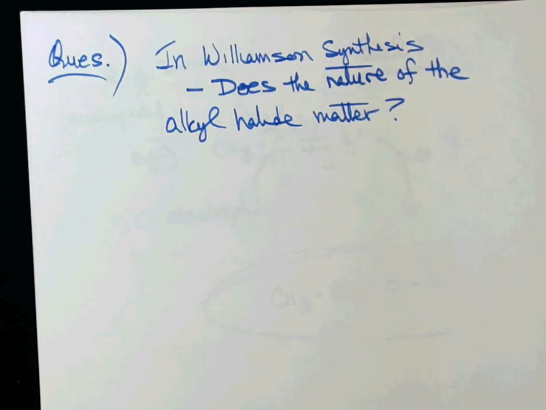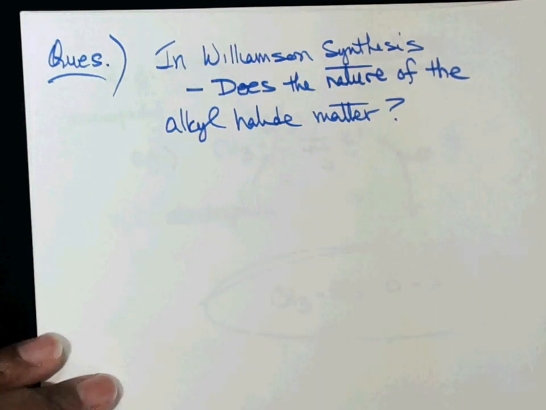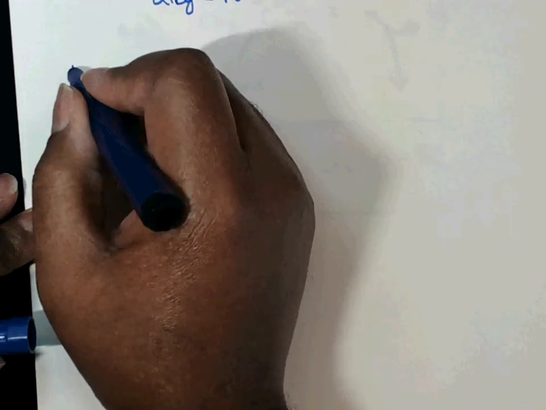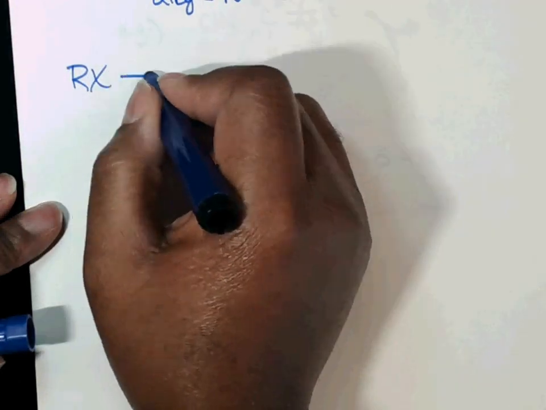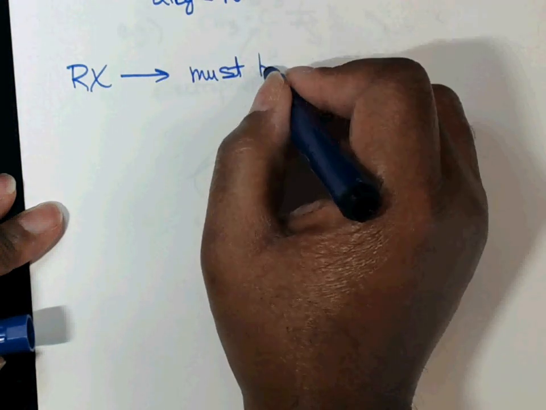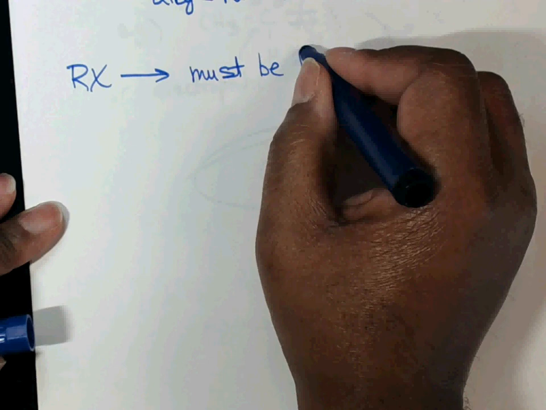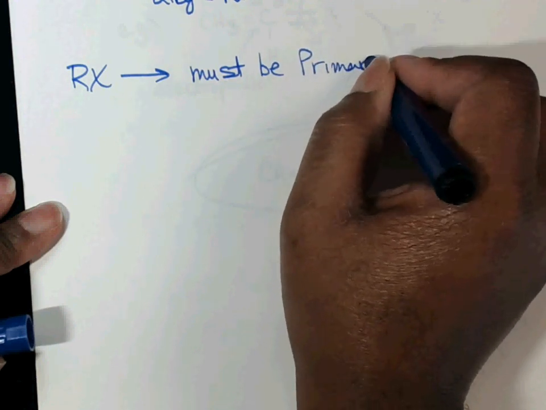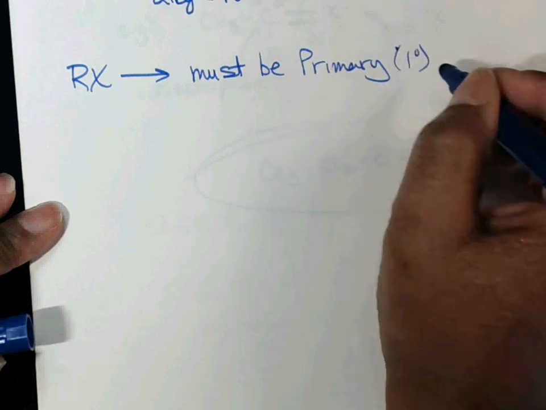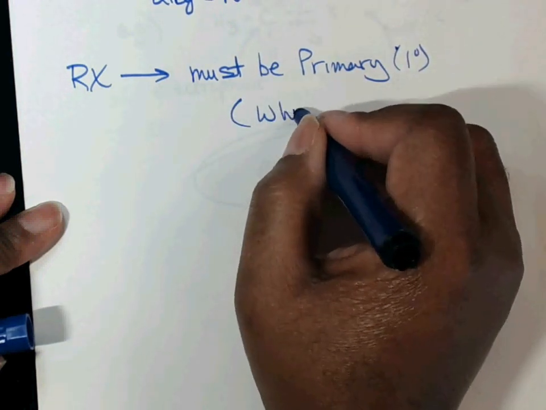You know there's a catch. You just have to know there's a catch. And the answer is yes, absolutely. The alkyl halide must be primary. Why?